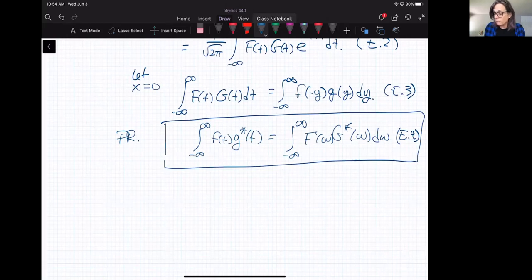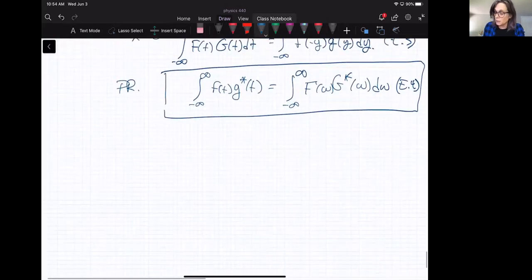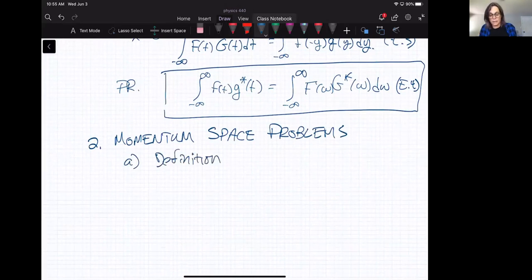The payoff then is when we consider momentum space problems. And you have seen this, or I'm assuming you have.